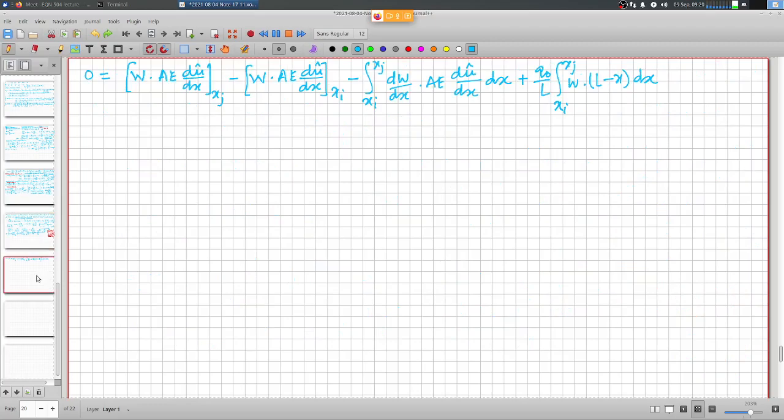So that's the weighted residual statement within the element, and now we choose the Galerkin approach.